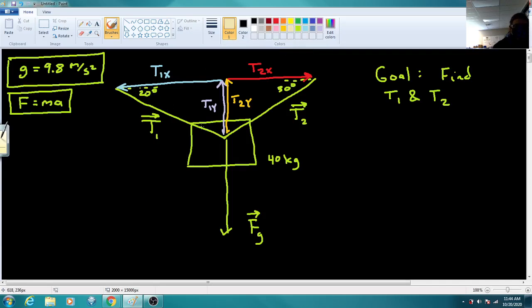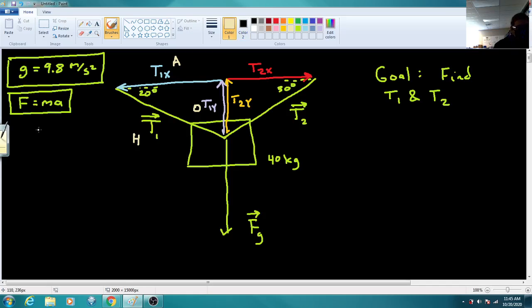So first of all, I need to break this T1 down into its T1x and T1y, into these two vectors. So I'm going to label this, for this triangle here, this would be h, the hypotenuse. This T1x is next to the angle, so that's adjacent. And this 20 degrees here, this T1y is the opposite side.